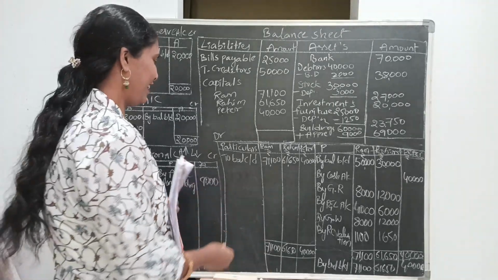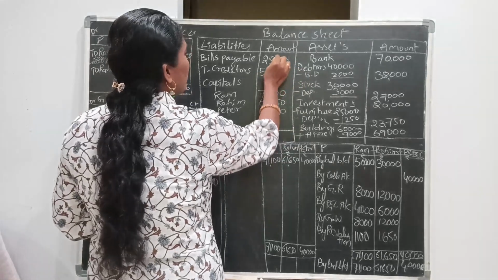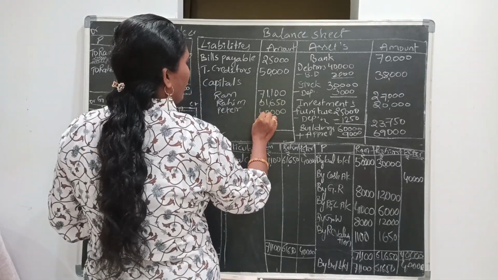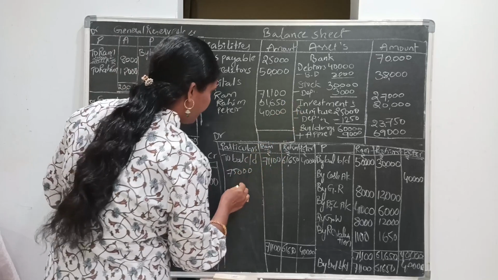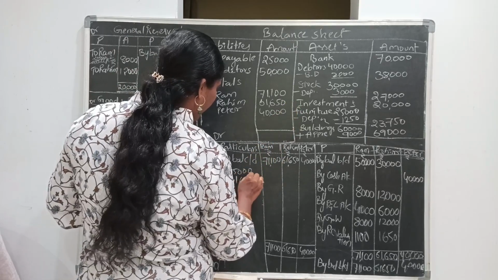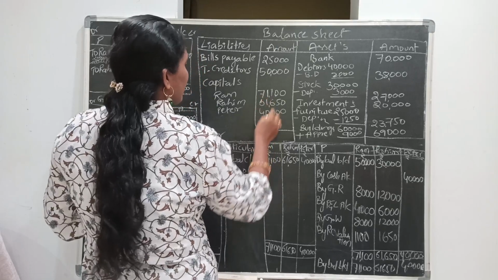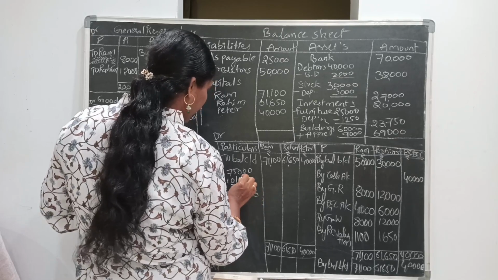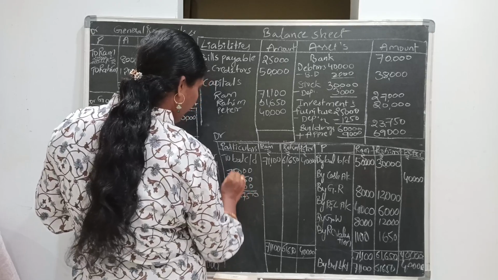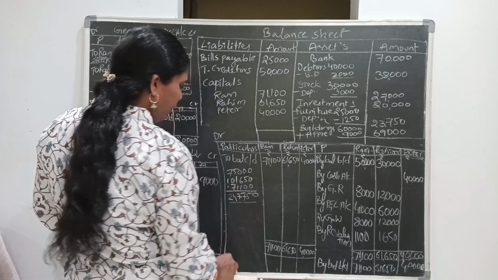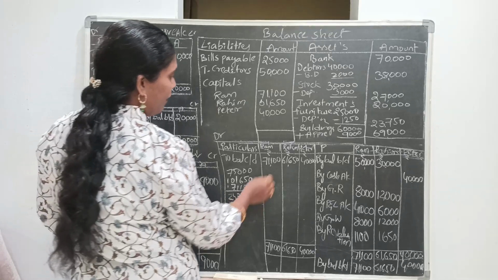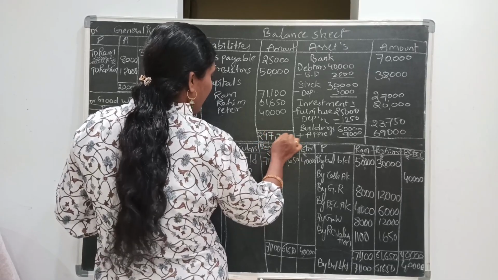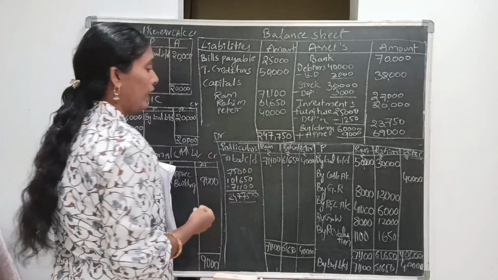In the meanwhile, I'll calculate. 50,000, 75,000, 1 lakh, 1,650, 1 lakh 1,650, 71,100, 5, 7, 14, 2 lakhs 47,750 on the liability side.